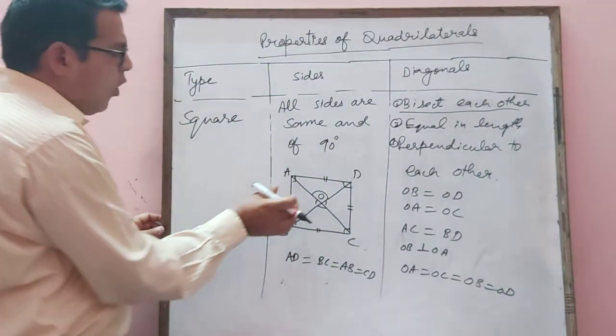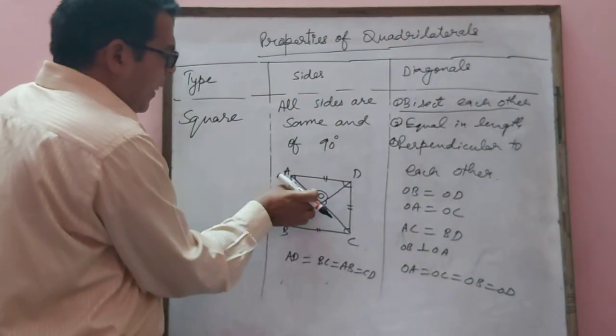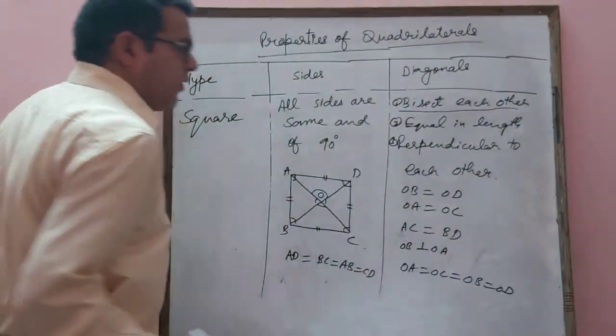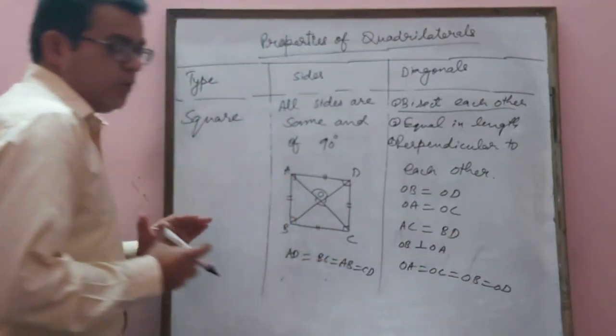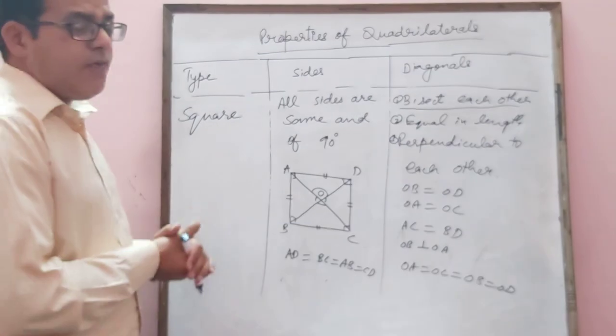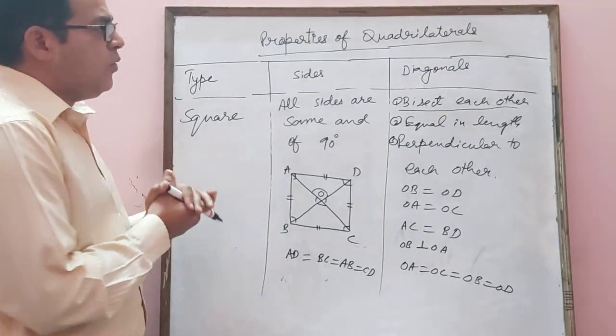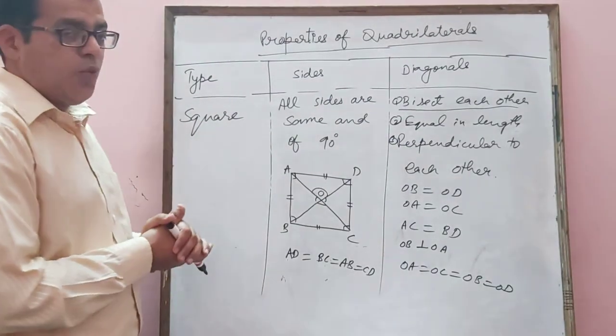It means all these are the same: OA equals OC equals OB equals OD. These are very important properties. You must know these properties of square.